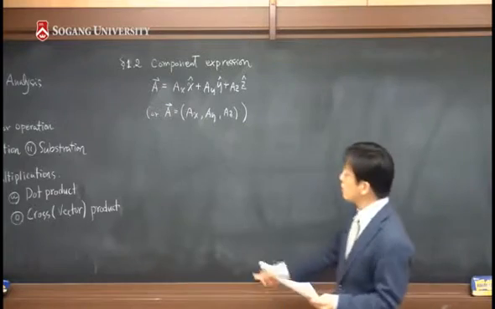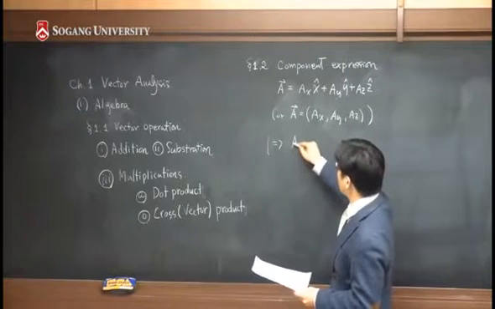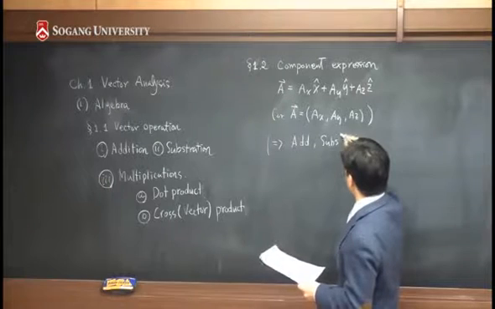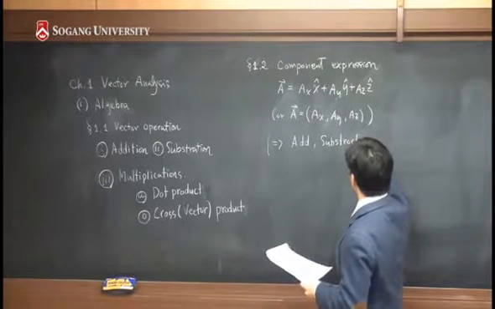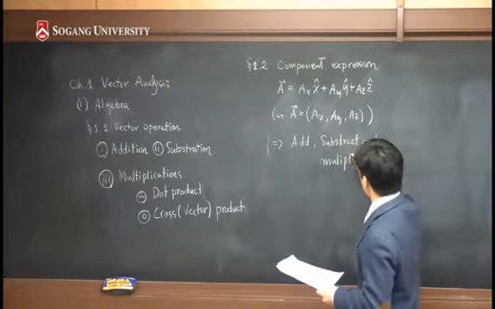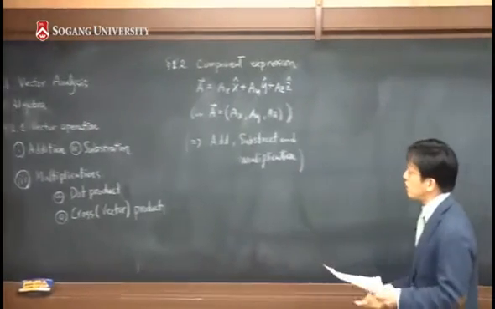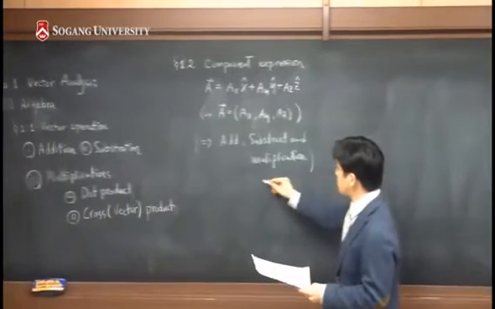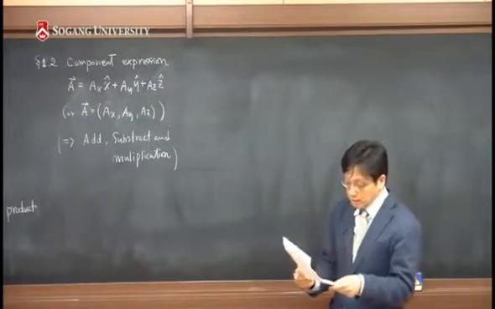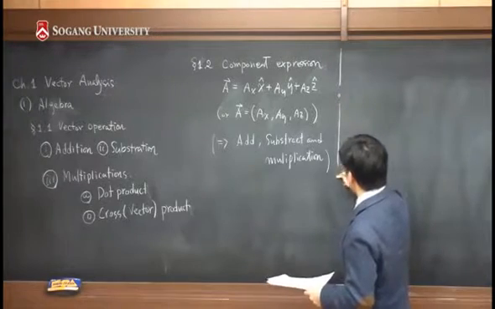With this expression, we saw how we can add, subtract, and do the multiplication. And by multiplication here, I mean dot product and cross product altogether. We saw all this in the previous class.